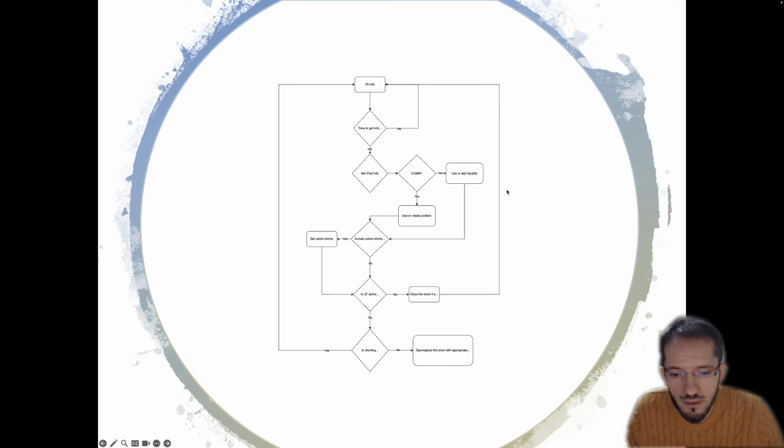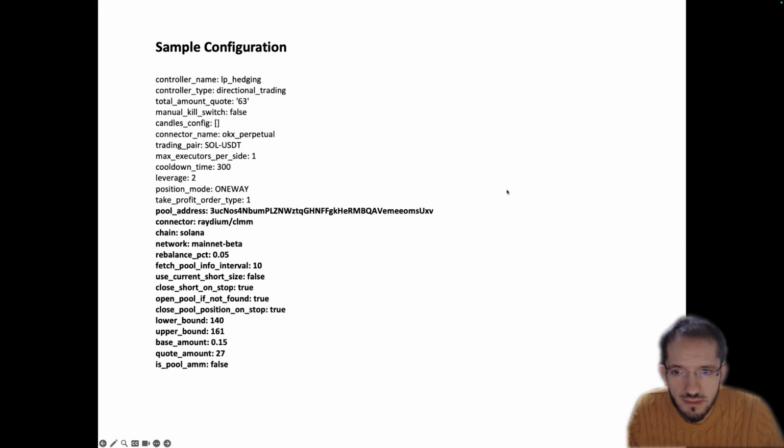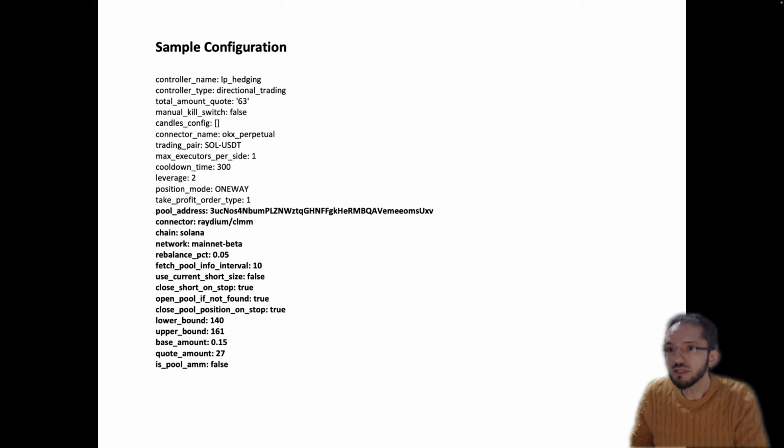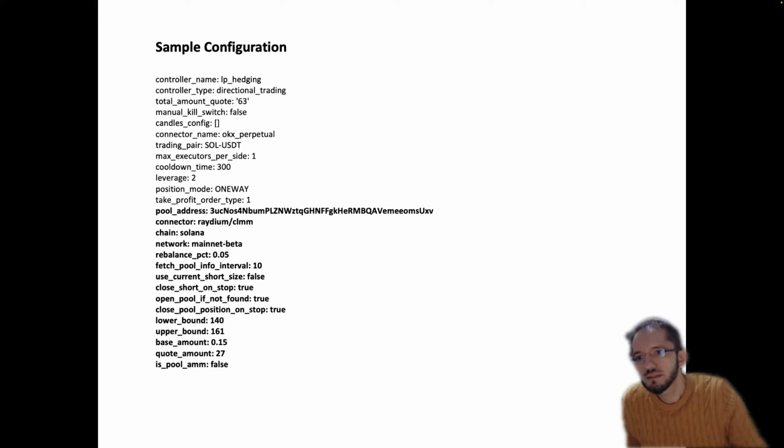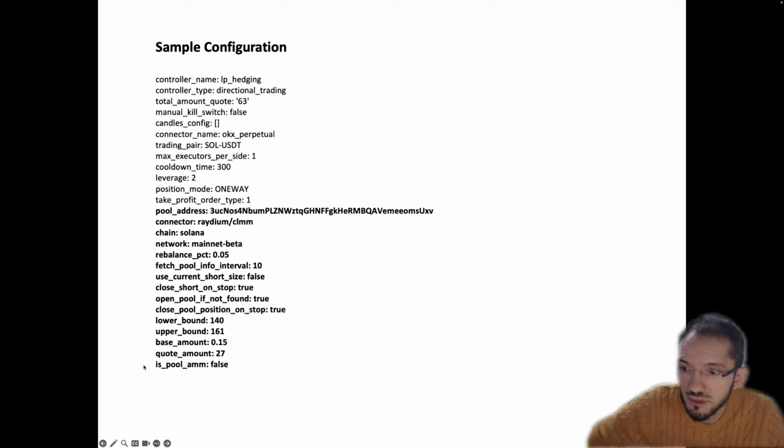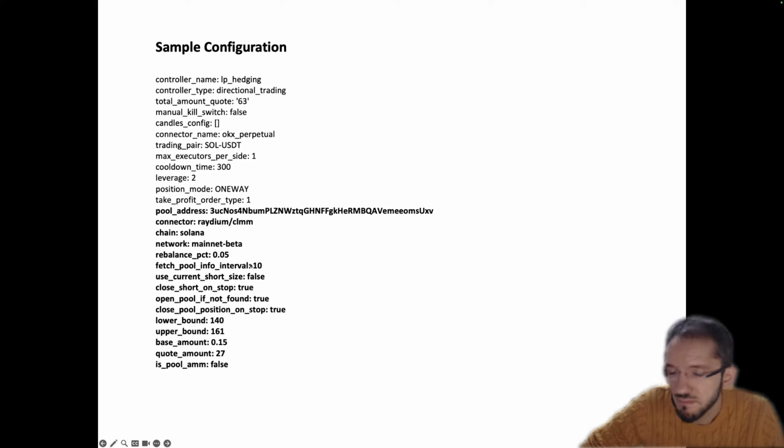So with this, let's see a sample configuration of our strategy. We see that we use CEX perpetual and the trading pair Solana USDT, and we have to set the address, which is the Solana USDC pool on Raydium, and you see it is a CLMM, and we also define this pool AMM false.